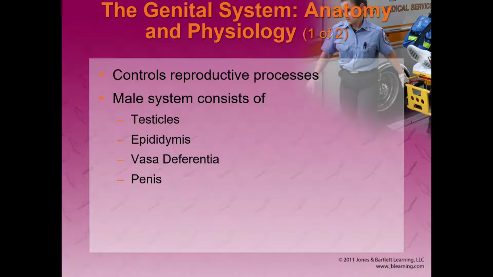Your male system has the testes, the epididymis, the vas deferens, and the penis itself, which is your external organ. I think I'm not telling you anything you don't know on that one.